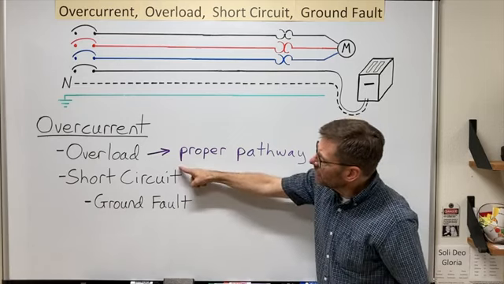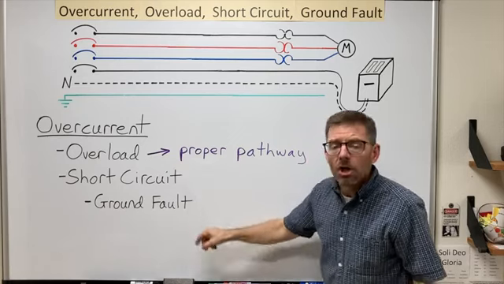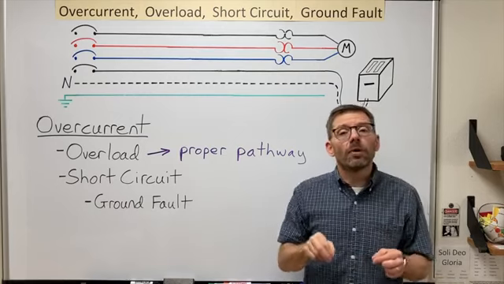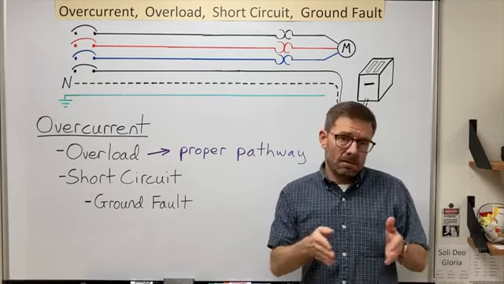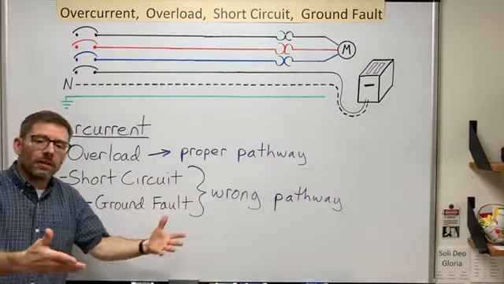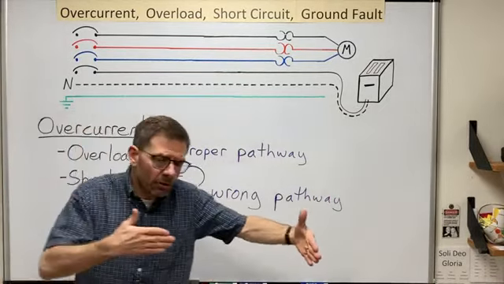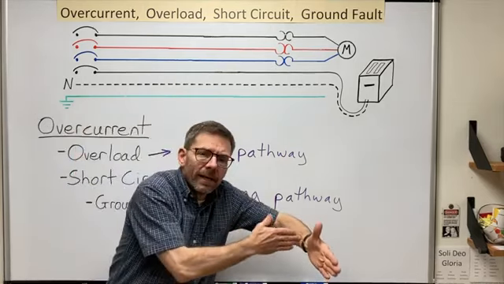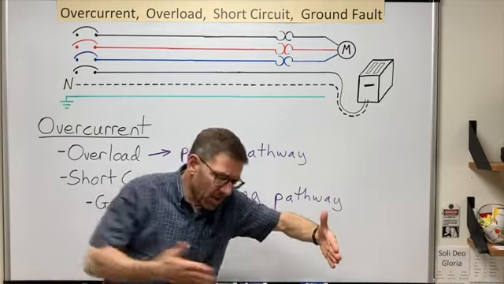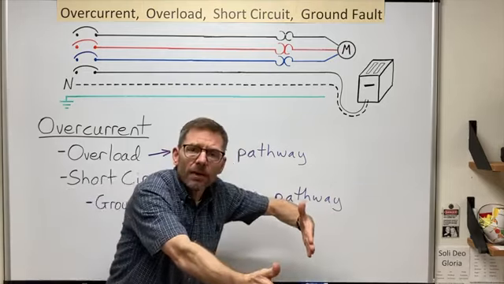Well, I'm going to say that these fault currents are not flowing in the intended pathway. They are flowing in a wrong pathway. Here the current is taking a shortcut. Think of driving down the road, and instead of going all the way down to the light and waiting to turn right, you just decide, I'm going to cut through the gas station or the parking lot, whatever's there.